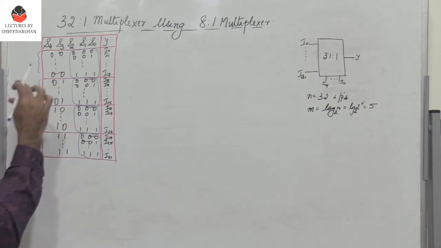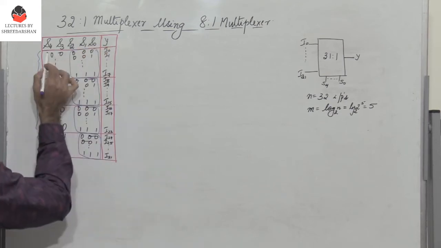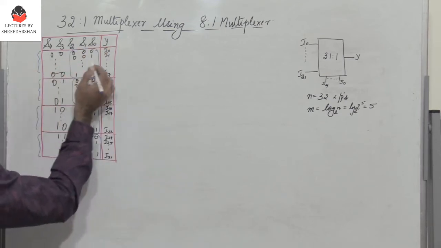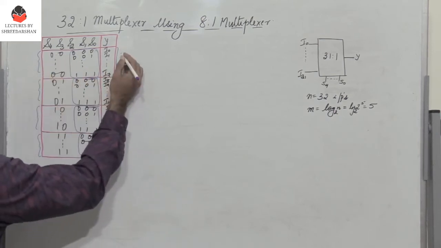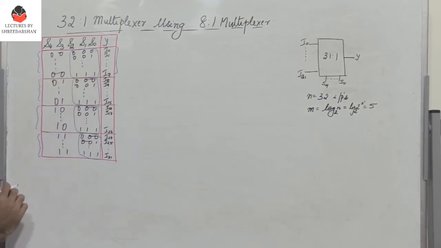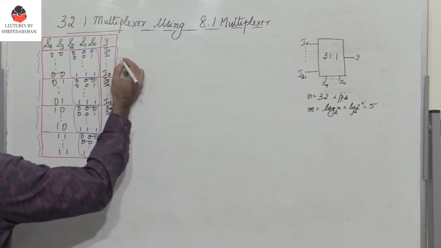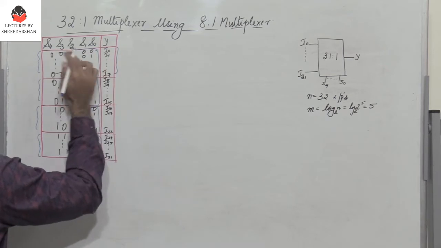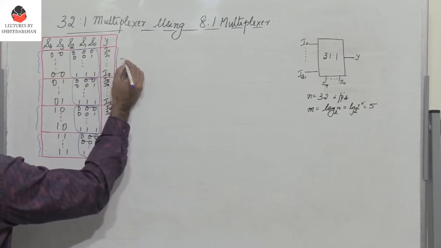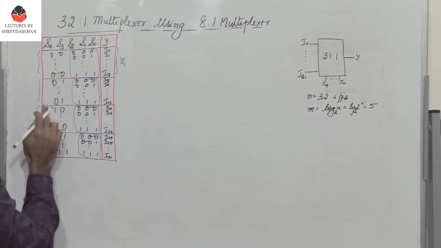Now for these 8 combinations, what happens to S3 and S4? For these 8 combinations, S3 and S4 remain the same: it is 0, 0. Let this combination be called Z1.